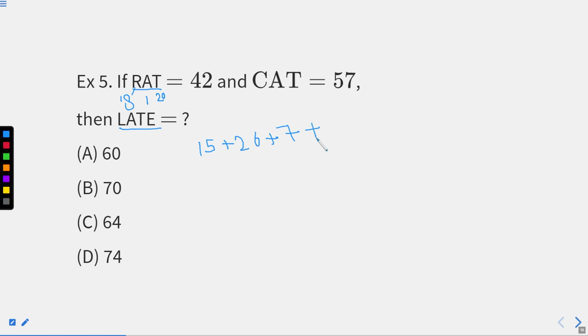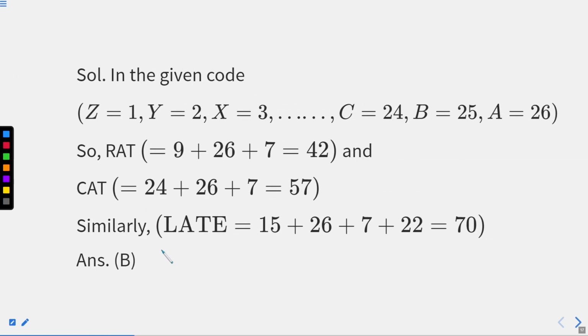And for E, it is going to be 22. Right? And on addition of everything, we are getting 70, which is our option number B. You can see here clearly. This is another kind of question that appears when you are dealing with coding-decoding.